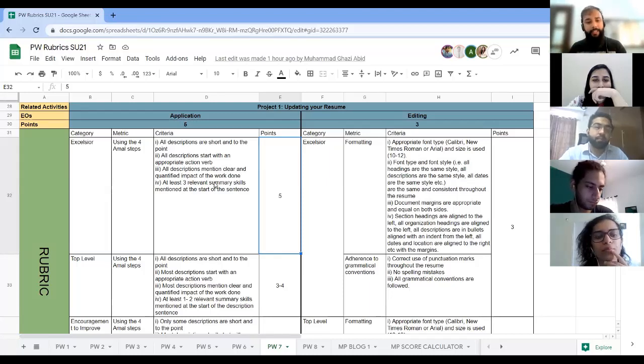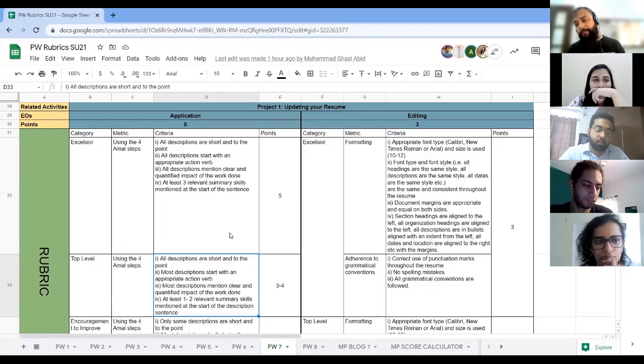If, while checking, you come across a resume that had all the descriptions short and to the point, but only most of them start with an appropriate action word, there is a little subjectivity here, it can be up to you.